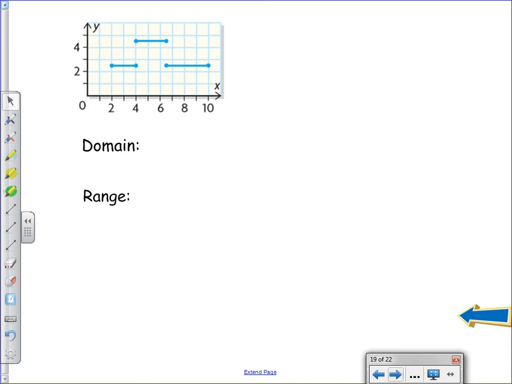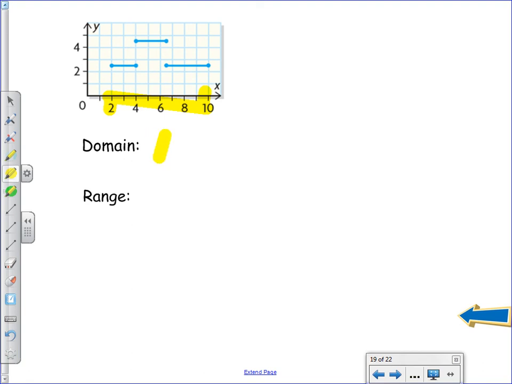Okay, my domain. My domain is my x values. My lowest x value is here, and it runs all the way through to here. It doesn't stop. It jumps a bit in the y, but it's pretty continuous.